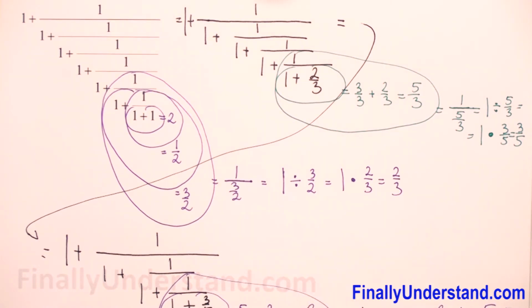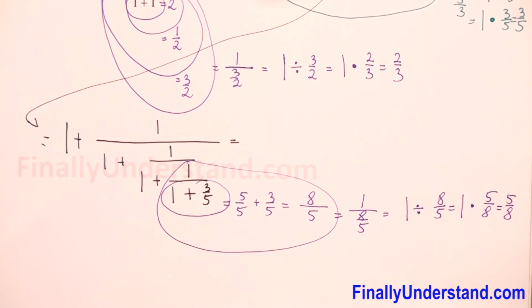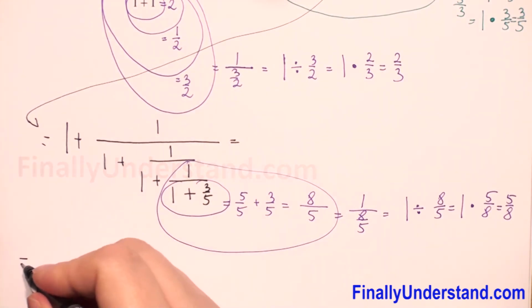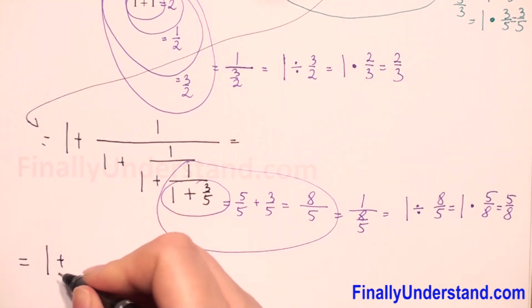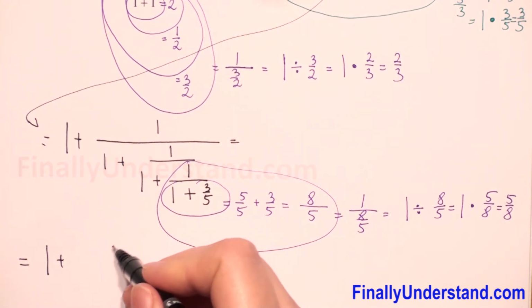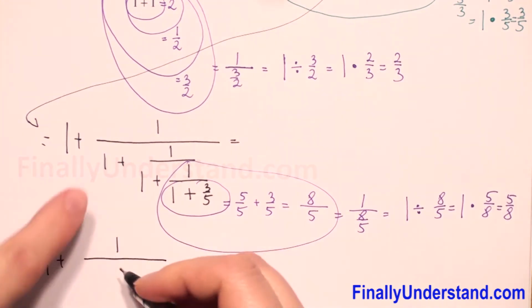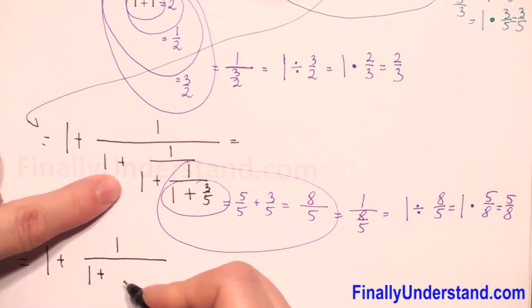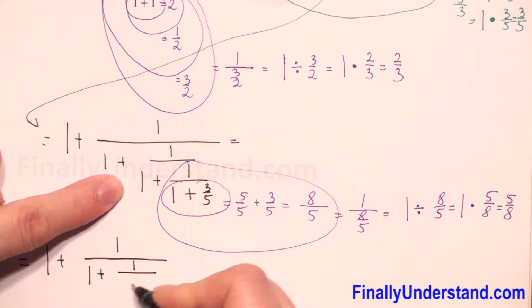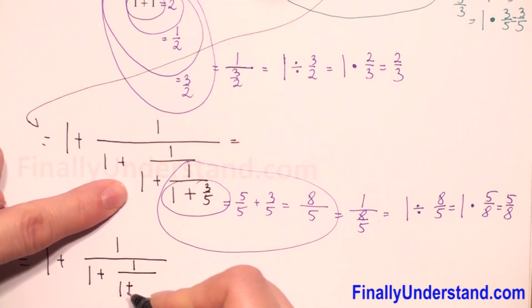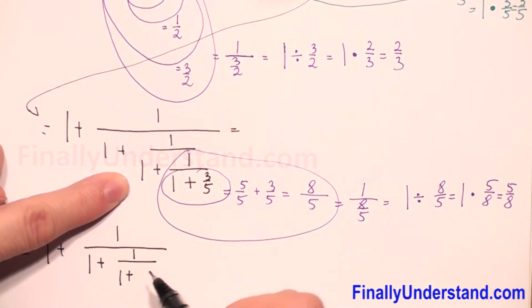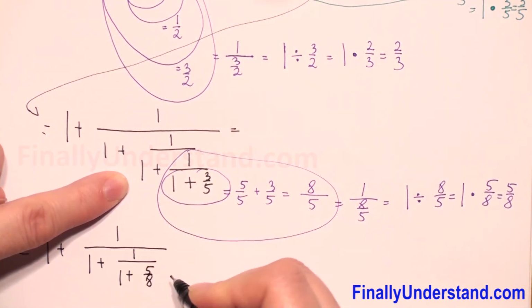So we can write that this is equal, we copy 1 plus 1 over 1 plus 1 over 1 plus, and this whole expression is equal to 5 over 8.